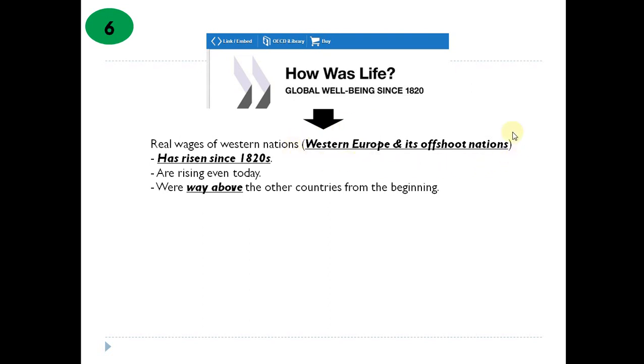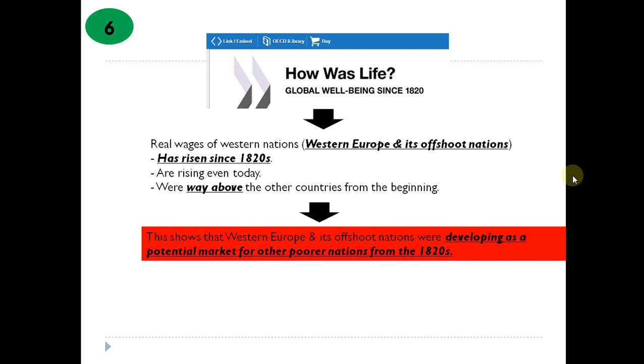So this can be attributed to a rich nation. This can be considered as a group of rich nations as compared to others. Obviously, if they are rich, they can be deemed to be a potential market for poor nations.